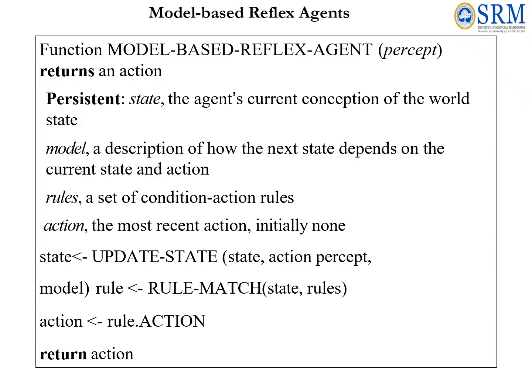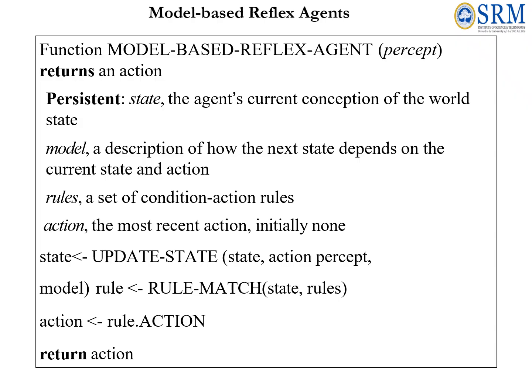It describes how the world changes naturally and how actions affect the world. For example, clean the room, people enter, the room becomes dirty. The action effect can be represented as action equals suck, where a dirty room becomes clean. So the agent stores the knowledge in this model.